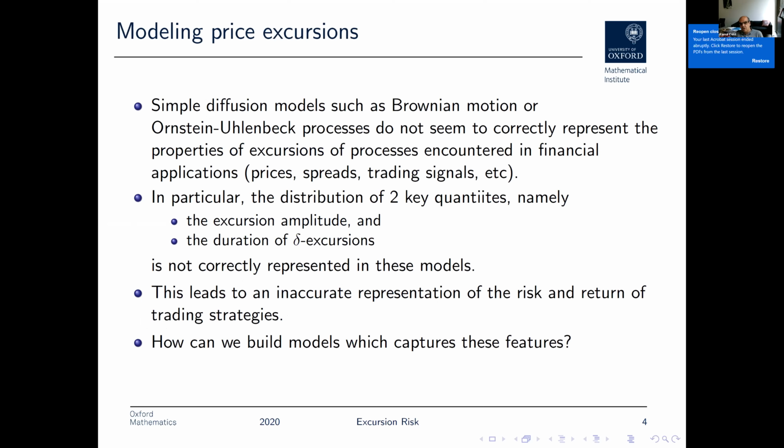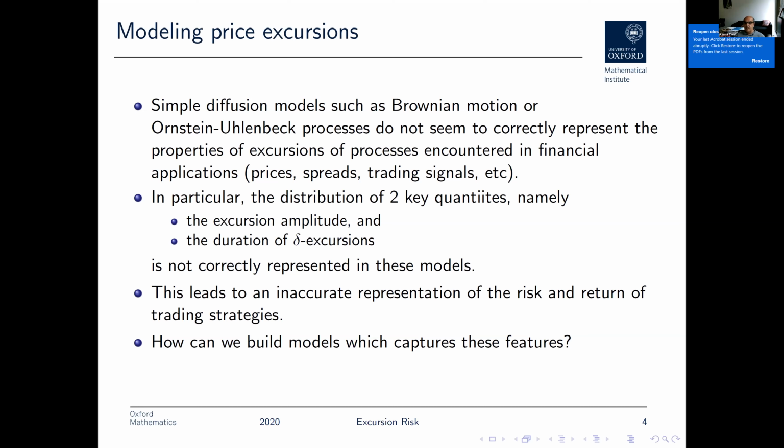But what we saw yesterday is that these Brownian motion and Ornstein-Uhlenbeck processes, although they're very tractable and nice, do not seem to correctly represent the properties of excursions of processes encountered in financial applications like prices or trading signals. In particular, what we saw yesterday in detail is that two things really matter for the representation of the risk and return of these trading strategies.